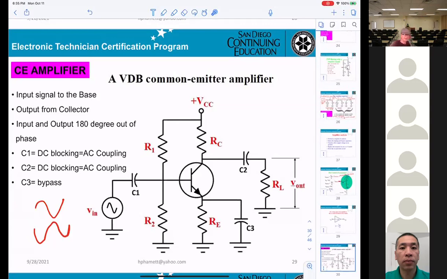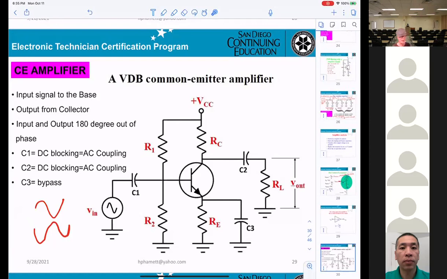And for the capacitors, you must know the name and purpose of each. C1 and C2 are what we call DC blocking or AC coupling. And C3 is what they call a bypass capacitor.